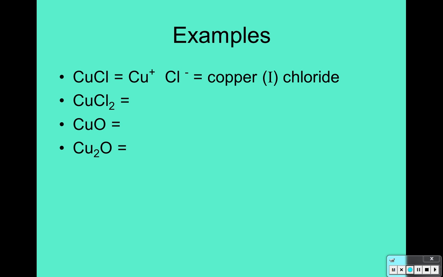So if I have one Cu and my Cl is 1 minus, then my Cu has got to be 1 plus, because those have to cancel out. So then I say copper 1. That 1 refers to the 1 plus, not how many coppers I have. As it happens, I have 1 copper, but that's not always the case. And then chloride is just how I named it before.